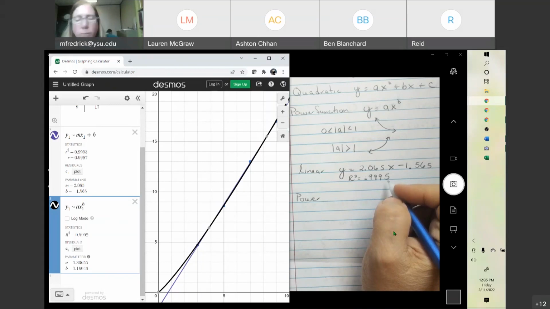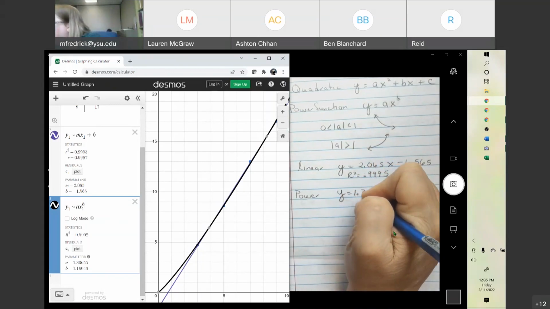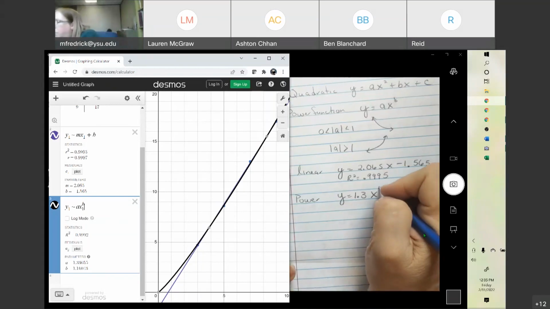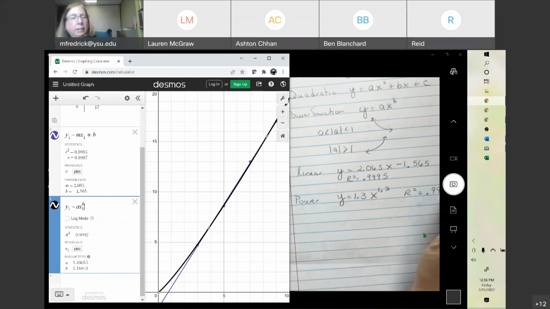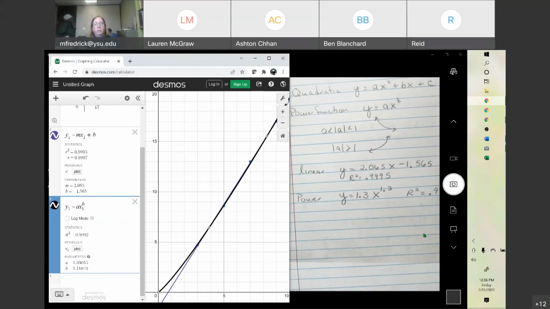I'm going to round it 1.3, so y equals 1.3x to the b, which is 1.2. And r squared was 0.9992. Is everyone getting those equations?